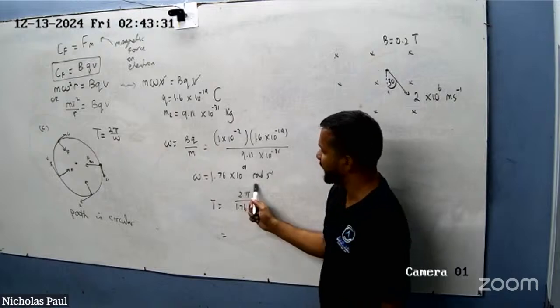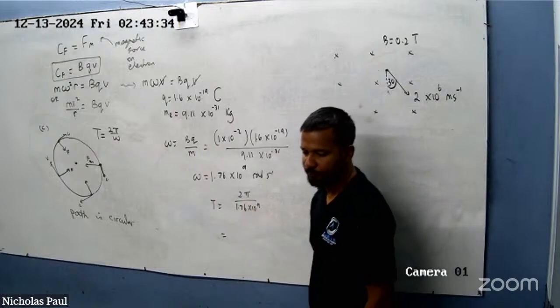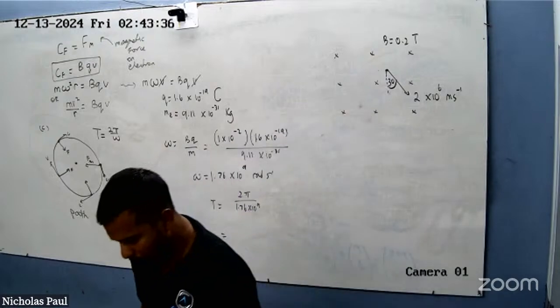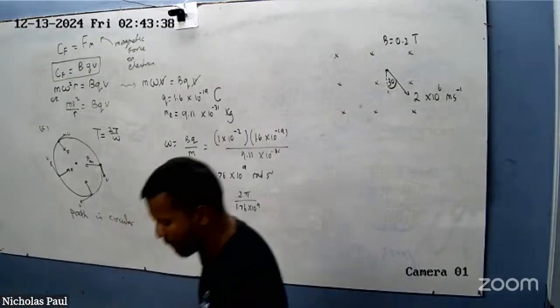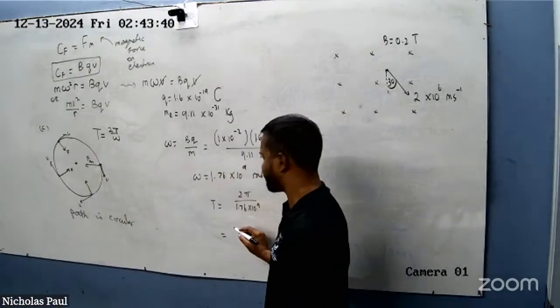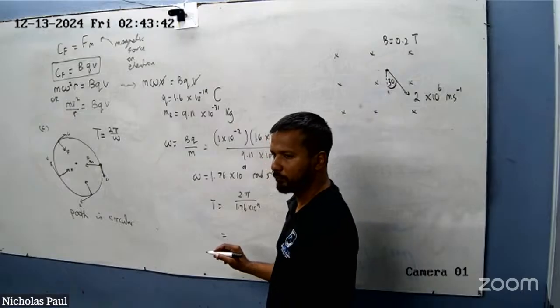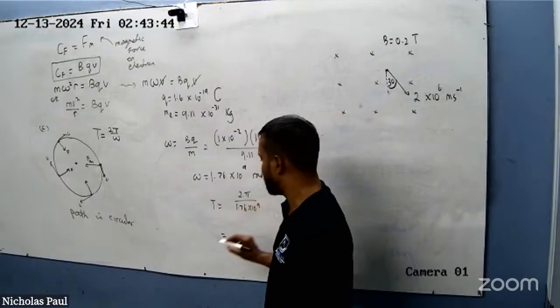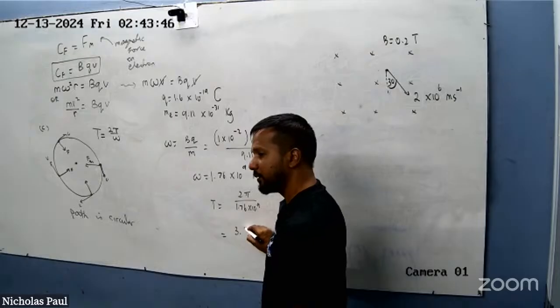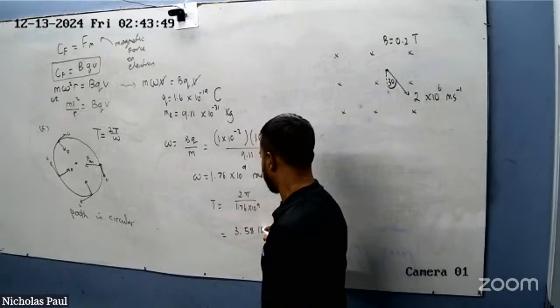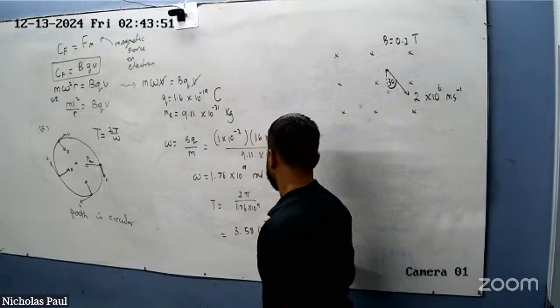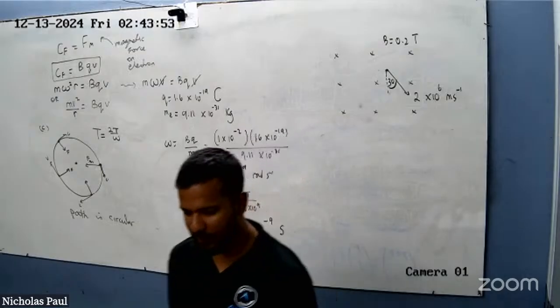So I'll take the omega and find T. That gives 3.58 by 10 to the minus 9 seconds.